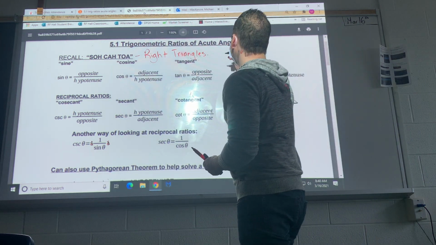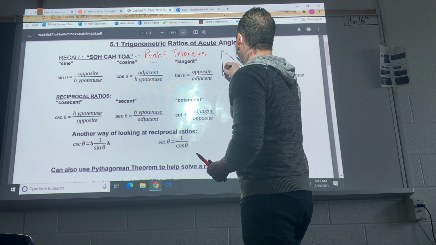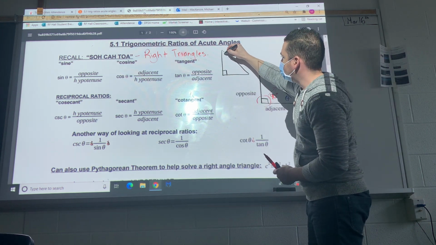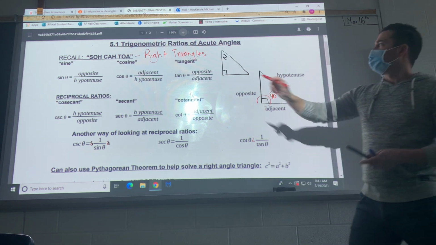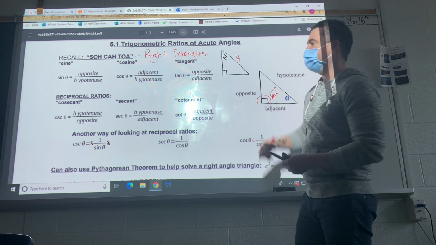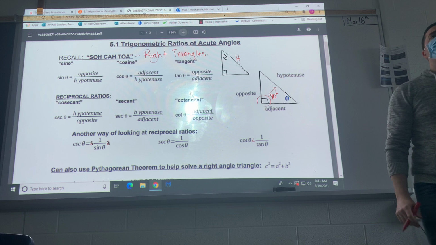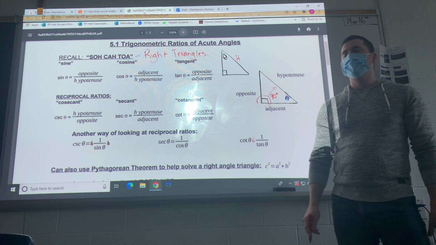If I give you another example, say I was using this angle in this corner, so I put a theta there. My hypotenuse will still be across from the 90-degree angle. Where is the opposite side now? The bottom side.